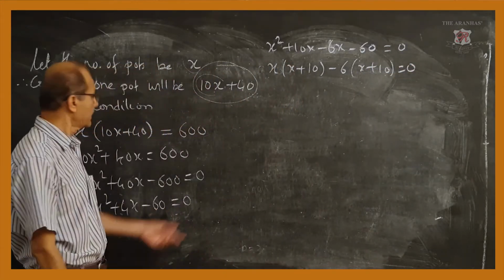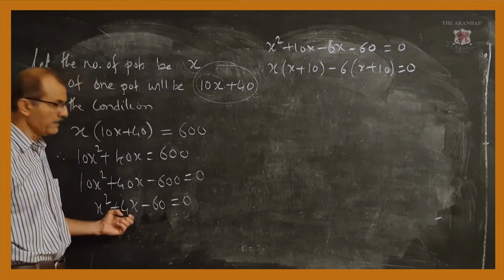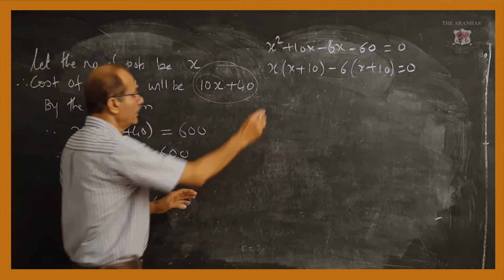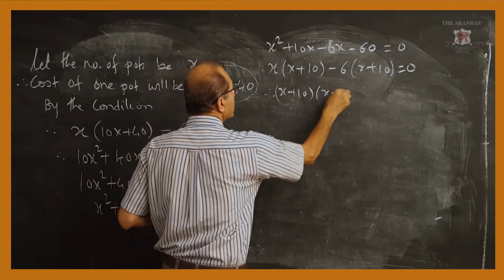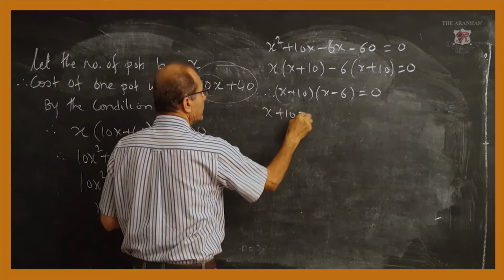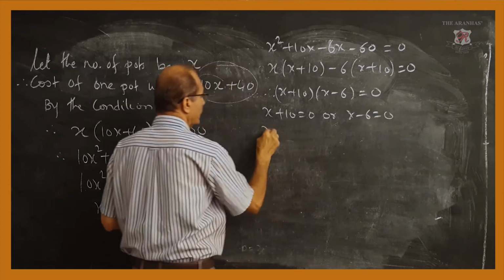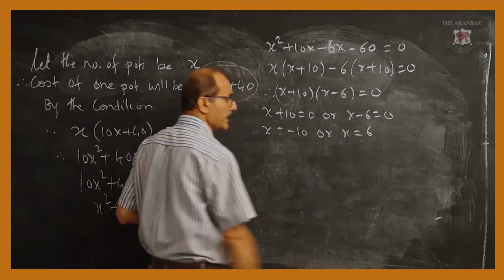So 10x minus 6x is 4x. So I split the middle term 4x as 10x minus 6x. Therefore, x plus 10 into x minus 6 is equal to 0. Therefore, x plus 10 is equal to 0 or x minus 6 is equal to 0. Therefore, x is equal to minus 10 or x is equal to 6.